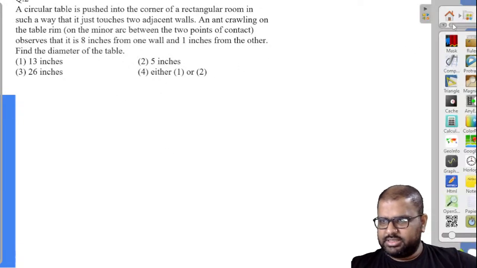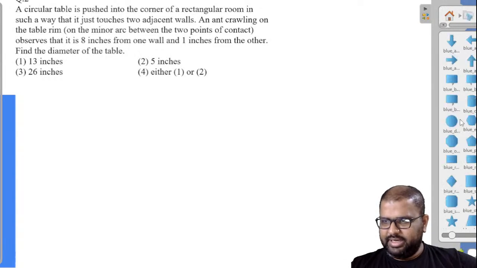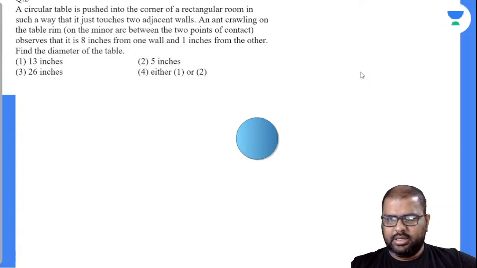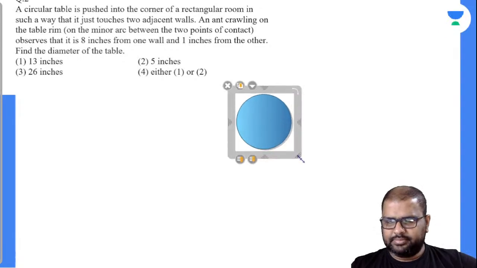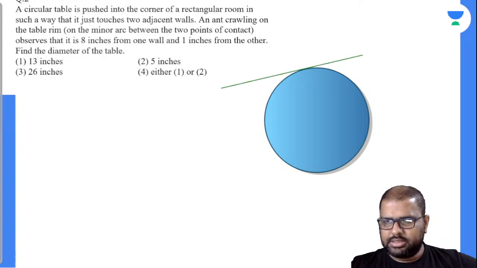First of all, let's draw the thing there. Then we can get a clarity. This is a circular table here. It is pushed towards a corner, so I'll draw it like this. This is a rectangular wall.